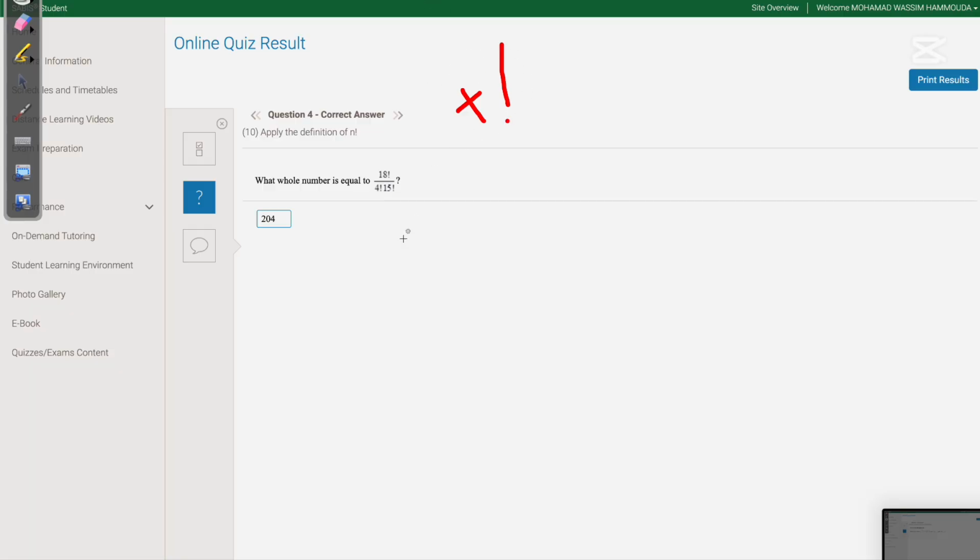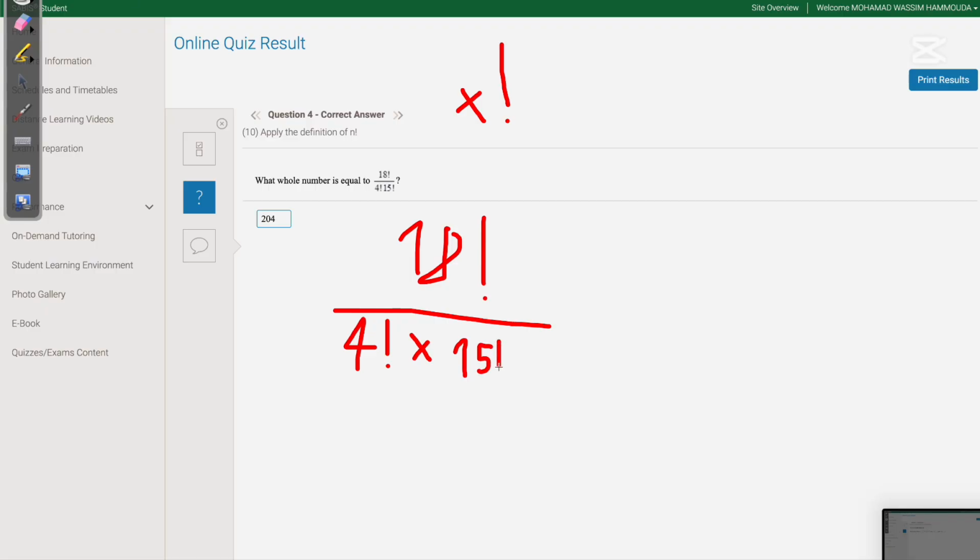So you're gonna do 18 factorial over 4 factorial times 15 factorial. Make sure to put the times in between the 4 factorial and the 15 factorial, because it won't work if you don't put the times in the exam. And that will give us 204.